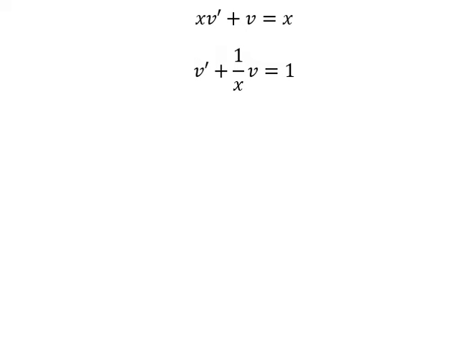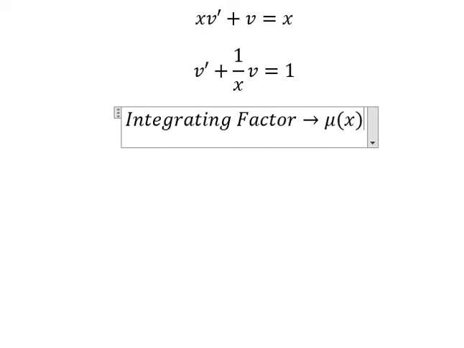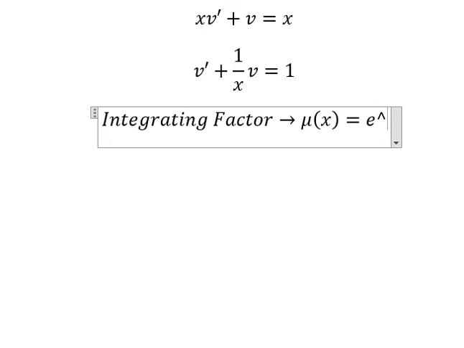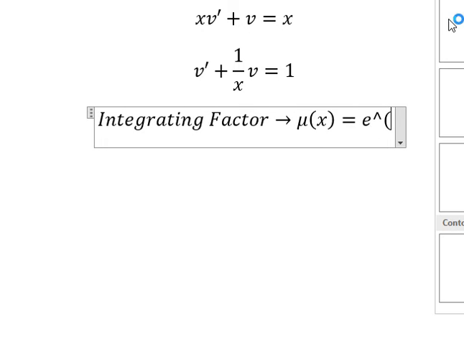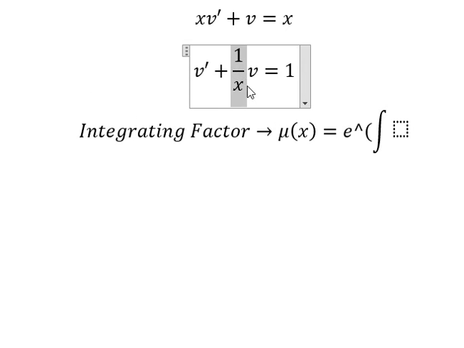So we can use the integrating factor. We can use mu of s equals to e to the power of the integration. We see that positive 1 over s next to v. This is for the integrating factor.